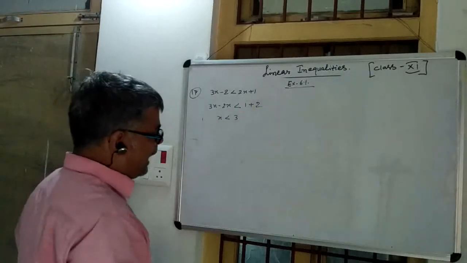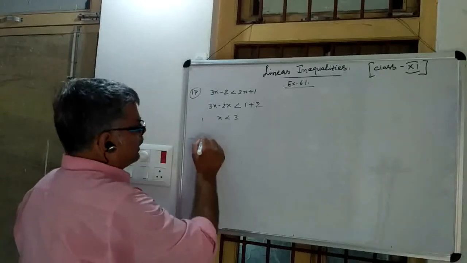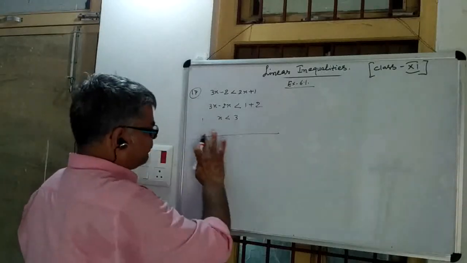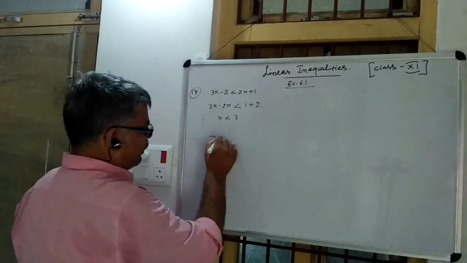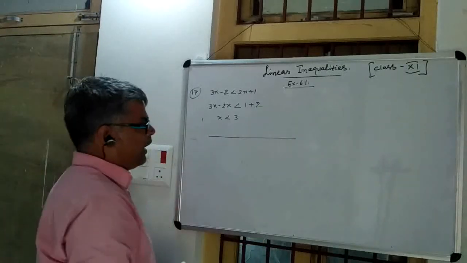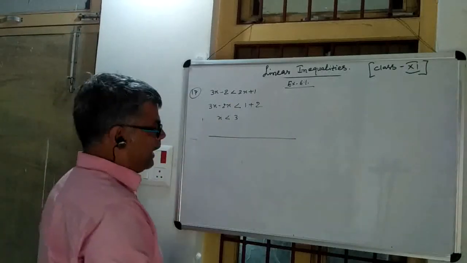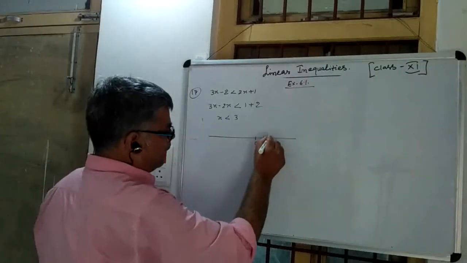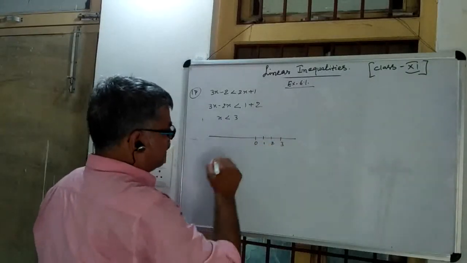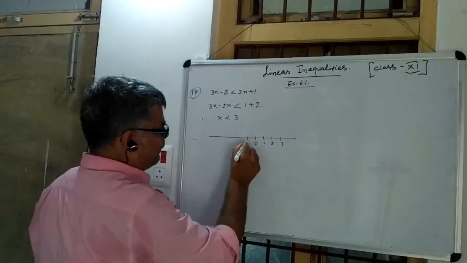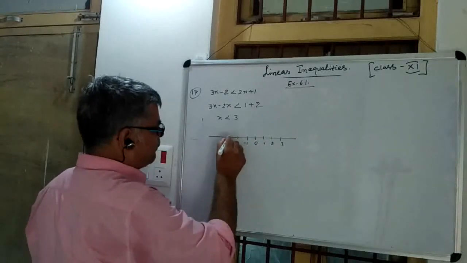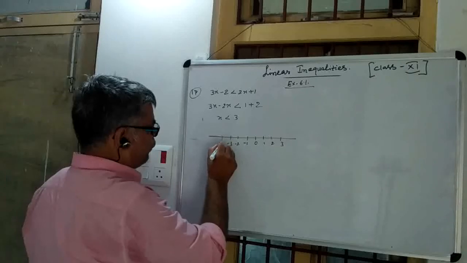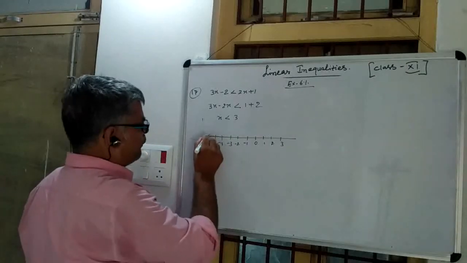It means for the solution, first you draw a number line. On the number line, you write 0, 1, 2, 3, and on the left side of 0 it will be minus 1, minus 2, minus 3, minus 4, minus 5, and so on.